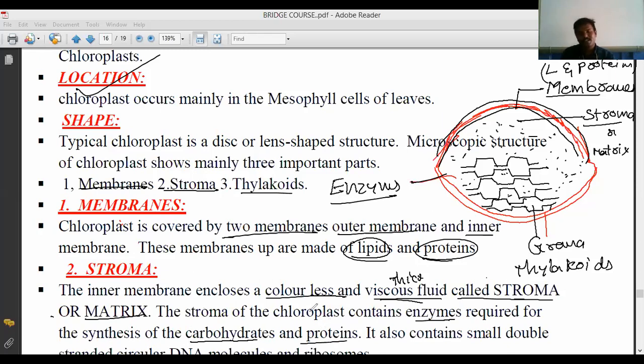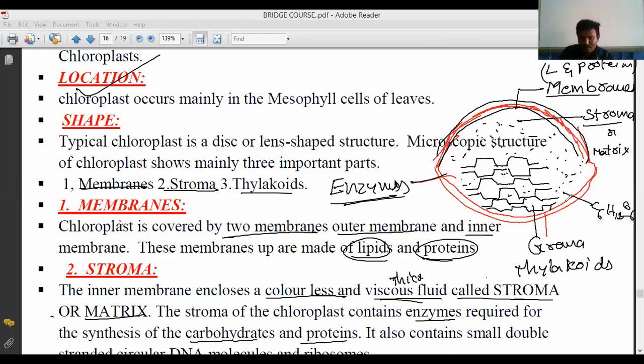That's all I have said. For the synthesis of glucose, C6H12O6, and proteins, those enzymes are required. The stroma also contains a small double-stranded circular DNA.